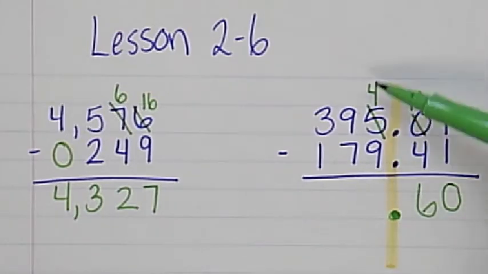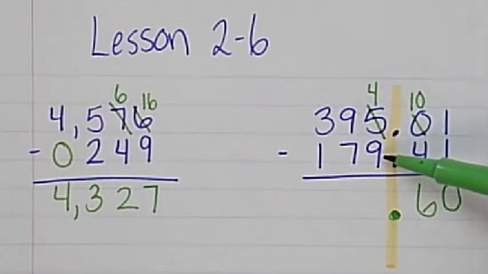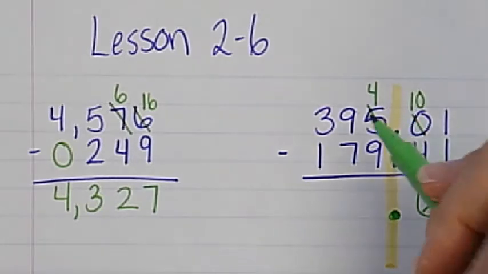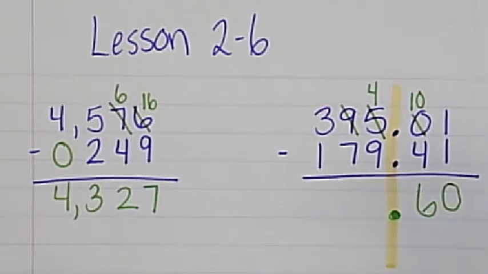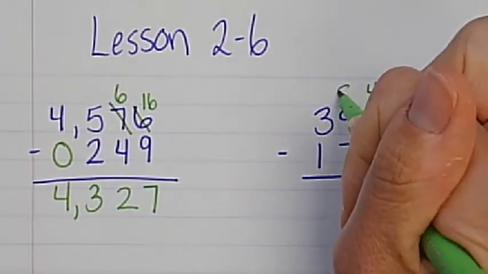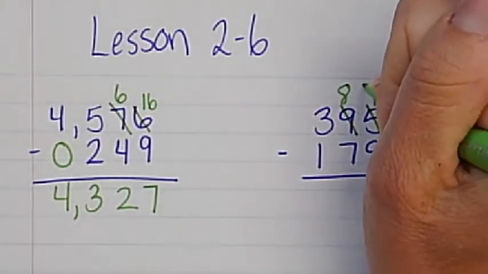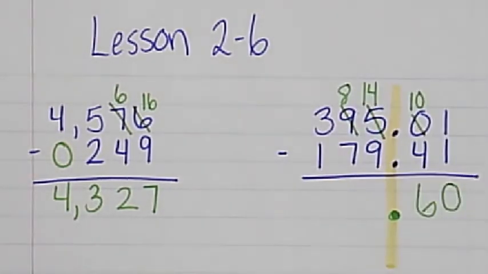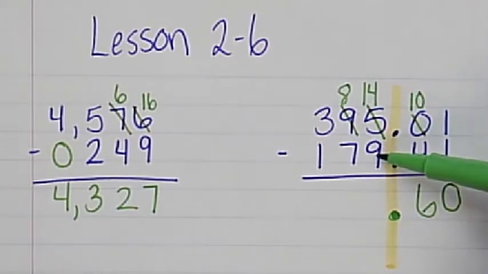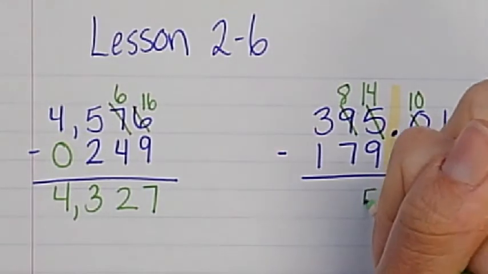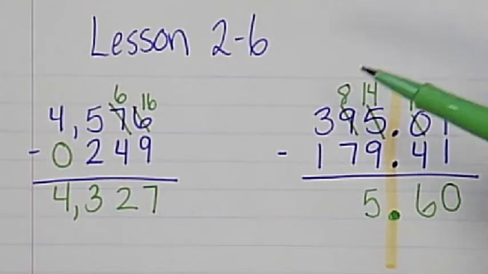Now I'm going to move over to the ones, and I see I have 4 minus 9, which I cannot do, so I now have to borrow or ungroup these 9 tens. So the 9 becomes an 8, and that extra 10 becomes 10 ones, and now I have 14. 14 minus 9 is 5, and then I move over to the next column.